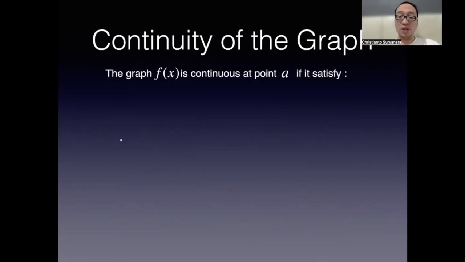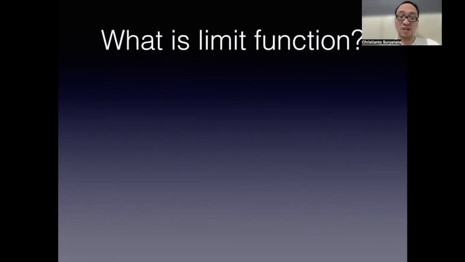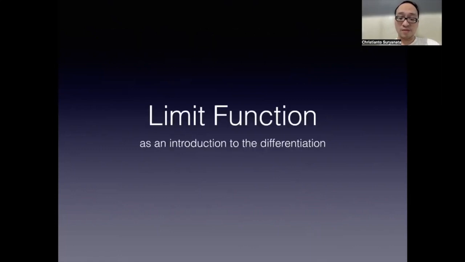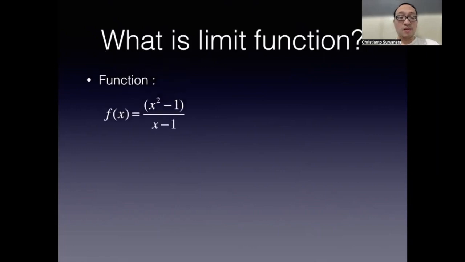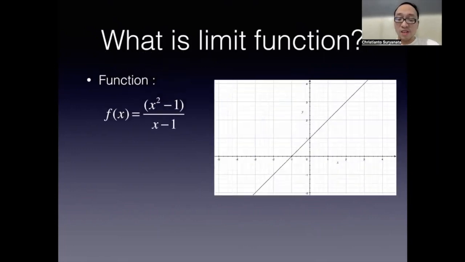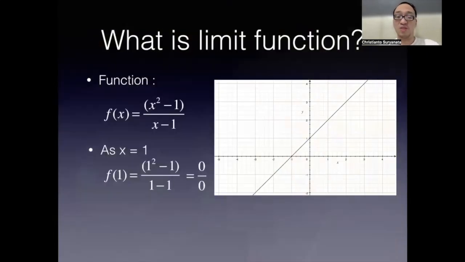If we go back to the first slide here, this is not a continuous graph, because when x equals 1 there is no value. The value is 0 over 0. So there is no value on the graph. So we say that this function is discontinuous, not a continuous function.